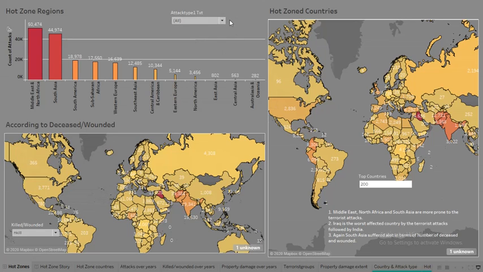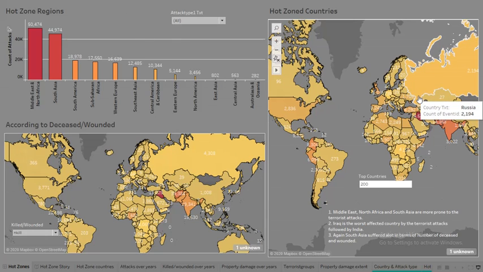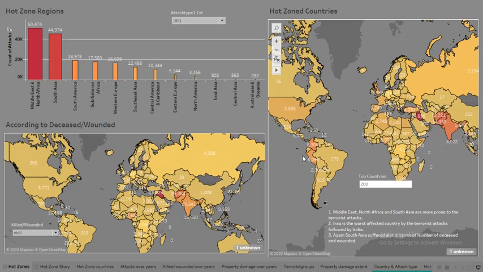They can be according to the type of the attack, how many people lost their lives and how many got wounded in those attacks, and the number of top countries you want to see on the basis of the number of attacks that have happened over the years.